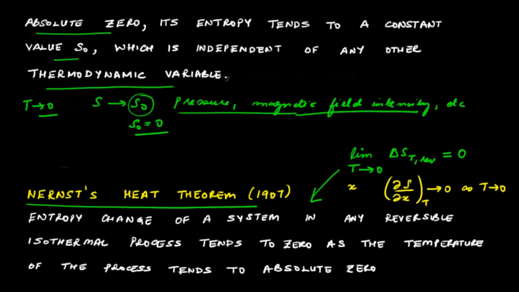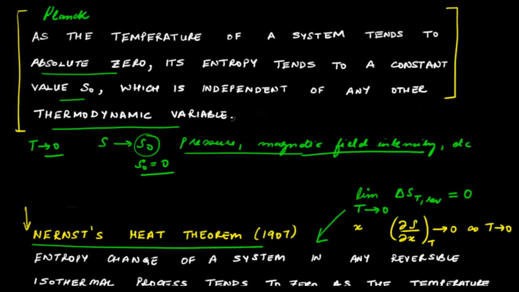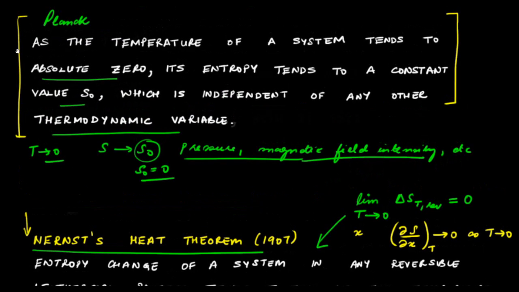But note that this form of the third law is somewhat weaker, and we will use the statement given by Planck. The statement of Planck is more general than the Nernst heat theorem.